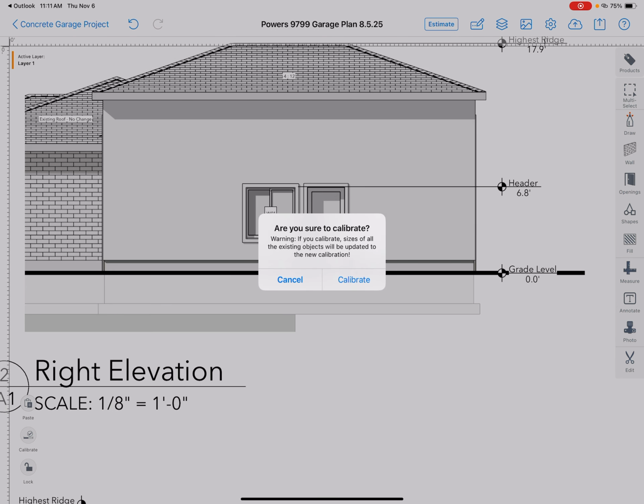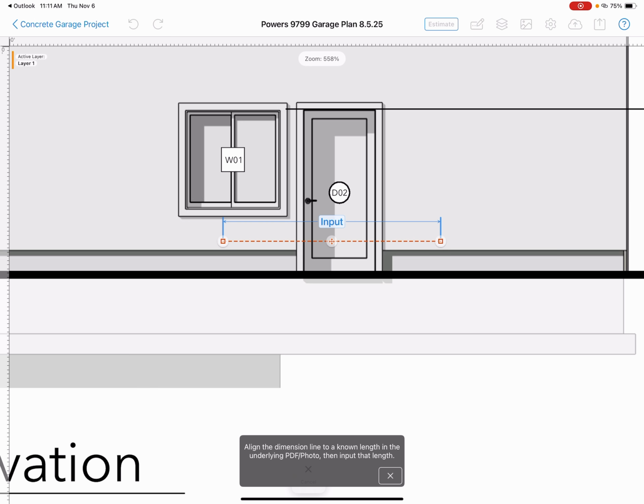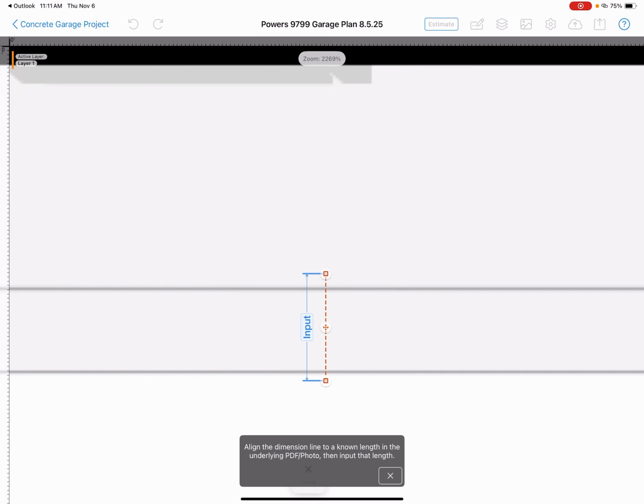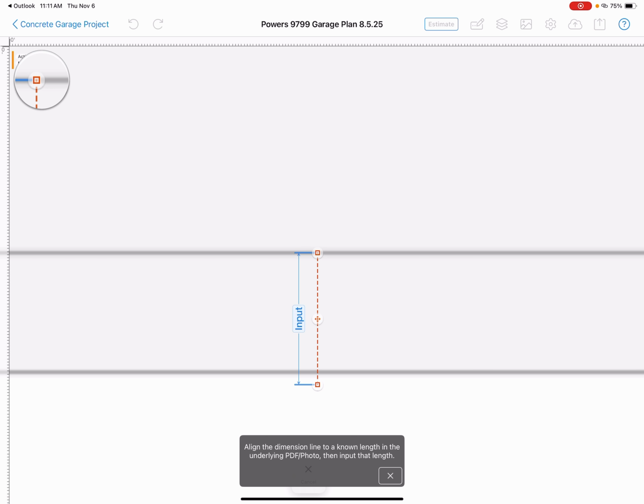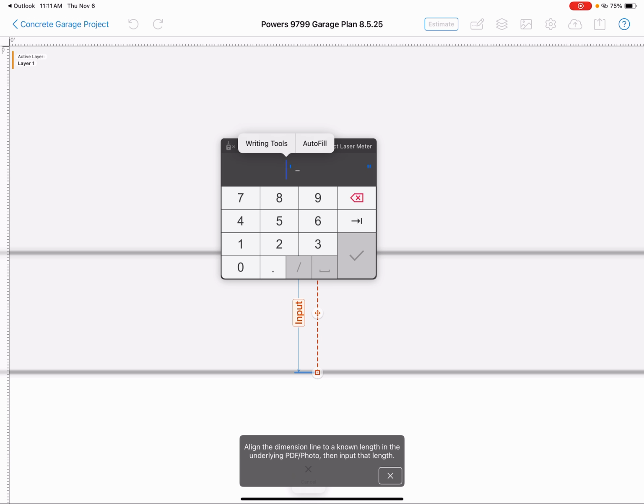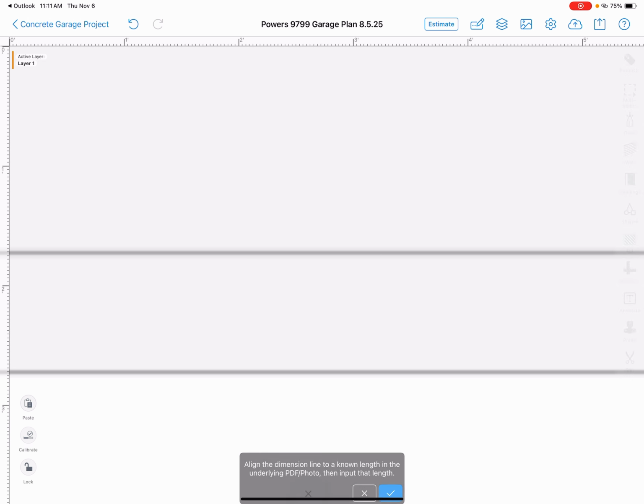So you come right here to calibrate, and the first information we have is that those footings, they are 12 inches deep. So we come right here and we calibrate this at 12 inches or 1 foot. It's the same thing. Calibrate it.